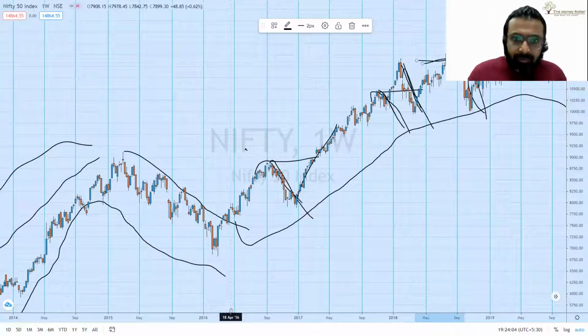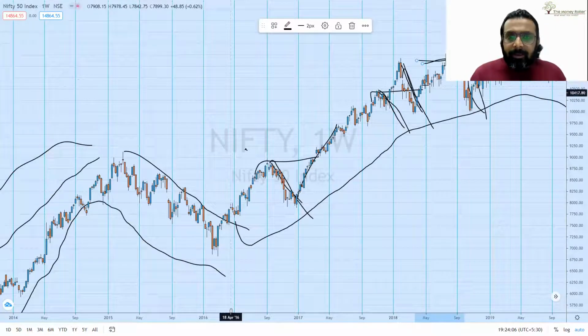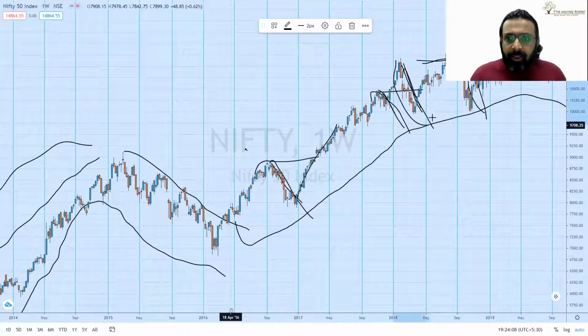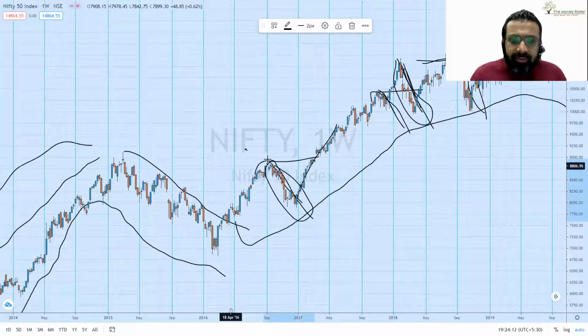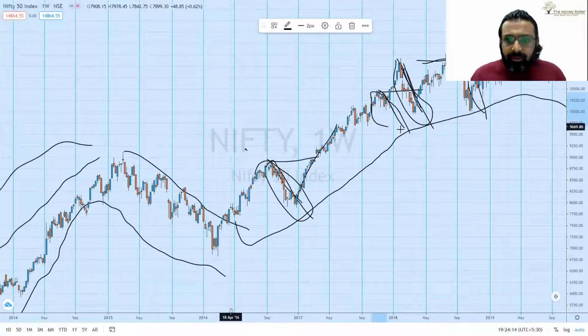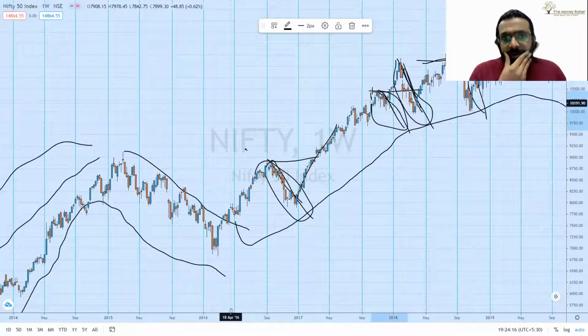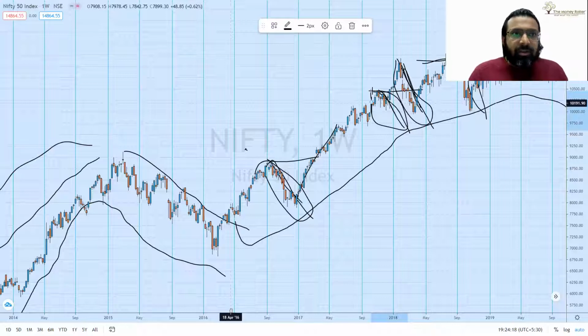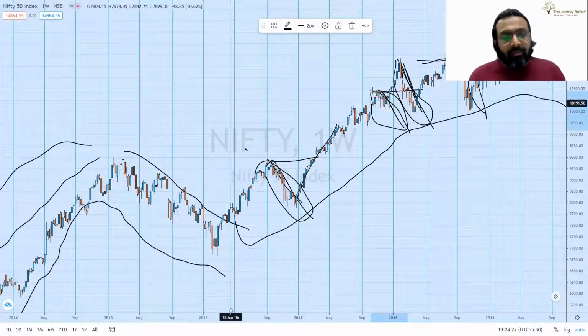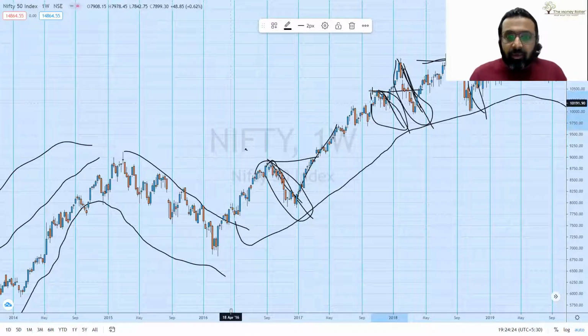So every time the price keeps making a new high, despite taking a break of anywhere between 6 weeks to 9 months, right? So to several months actually. Sometimes counter cyclical trends can also go on till 9 months, but those are very rare occasions.